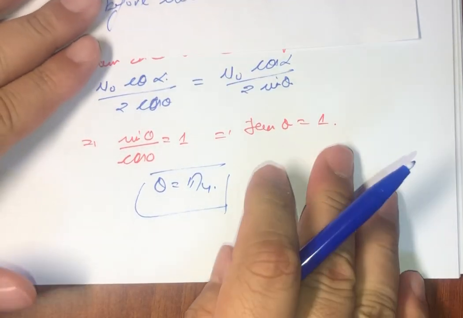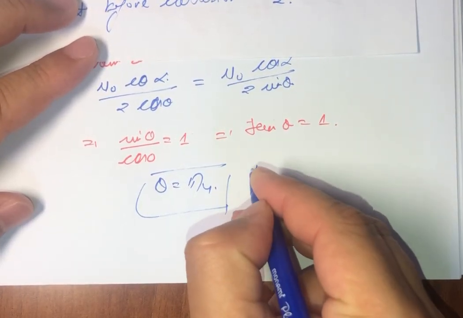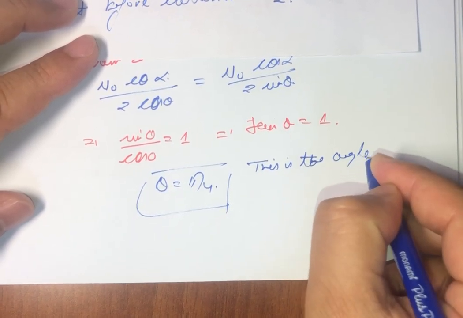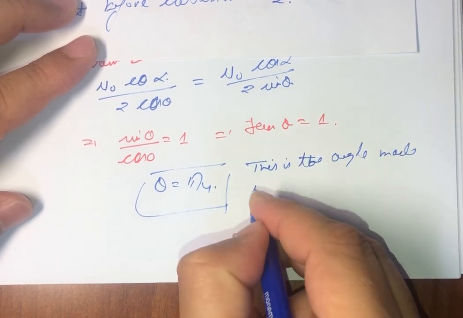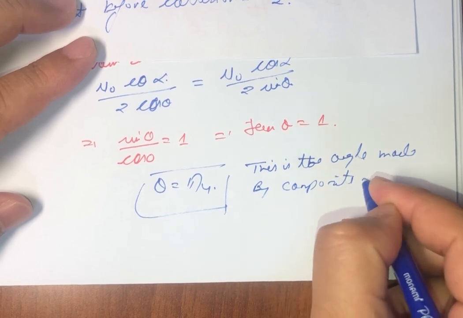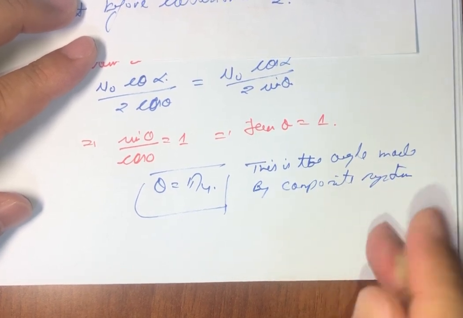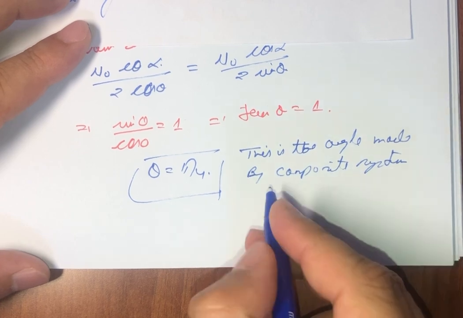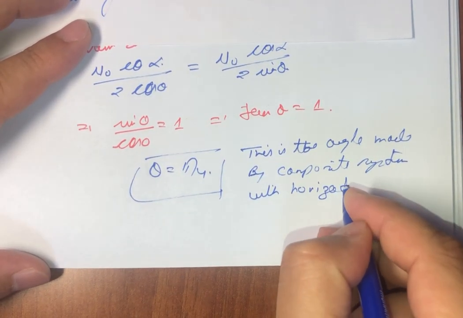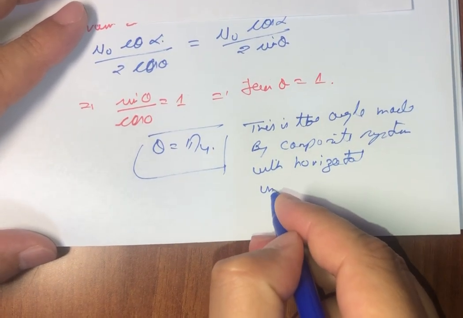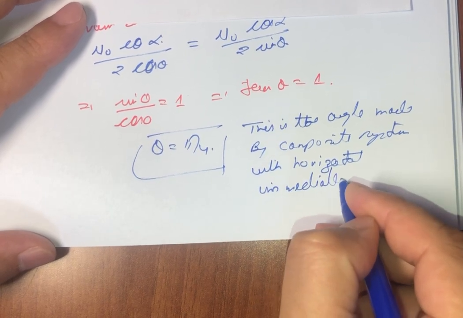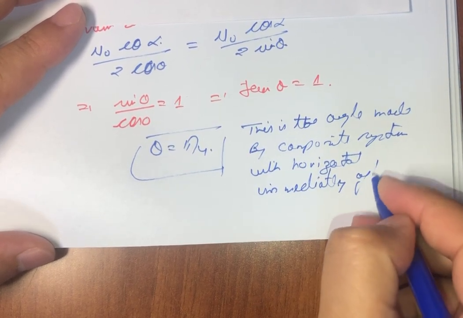You can say this is the angle made by composite system with horizontal immediately after collision.